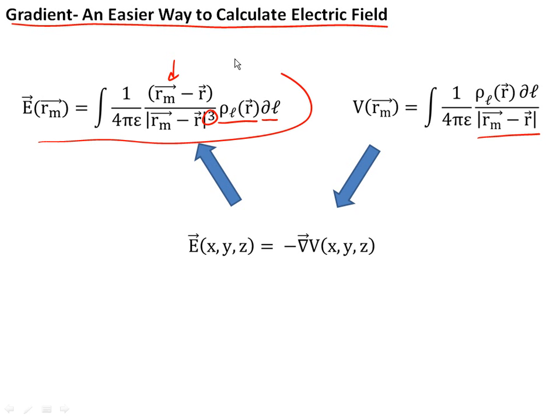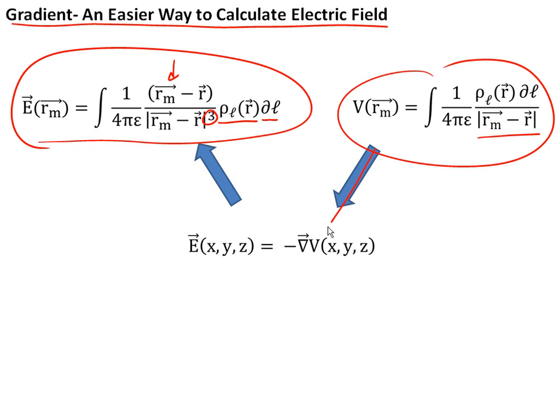So rather than calculating this directly, a lot of times it's much easier to calculate the potential and then take a derivative to go up and get your electric field. And you'll see many times this is how computations are done, or calculations are done, either on the computer or if you do them analytically.